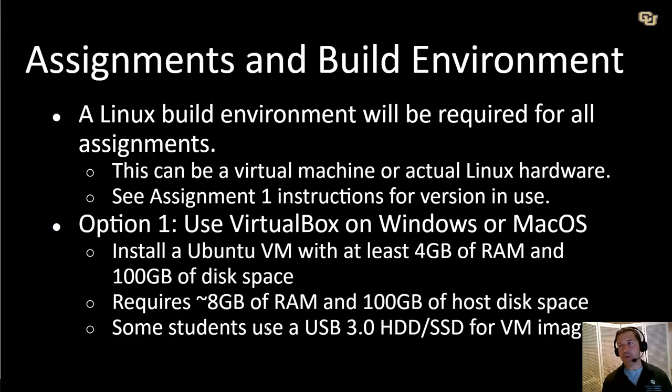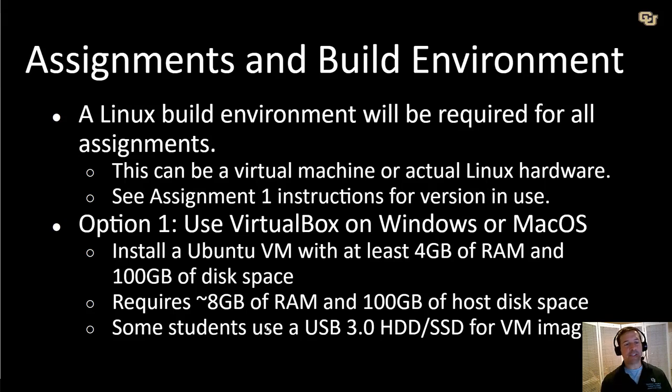One is if you have a Windows or a Mac OS main PC, you could use VirtualBox for your build environment. If you do that, you'll want to make sure that you have at least 4 gigs of RAM and 100 gigs of disk space. And again, refer to the assignment 1 setup instructions for any more specific content that's more up to date than this video.